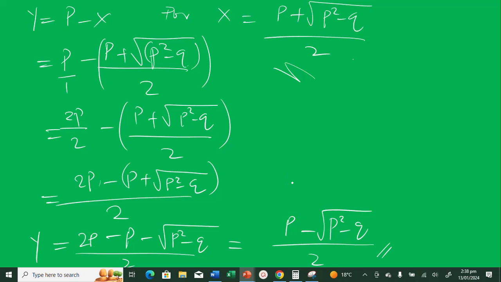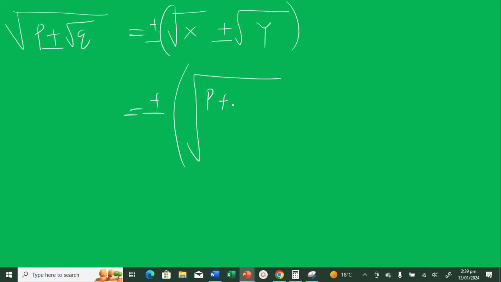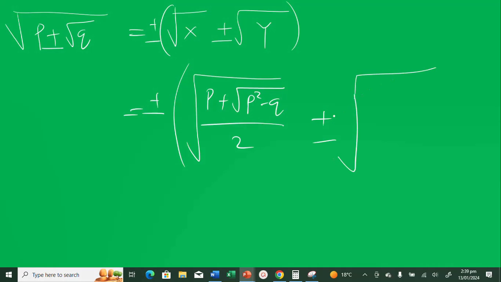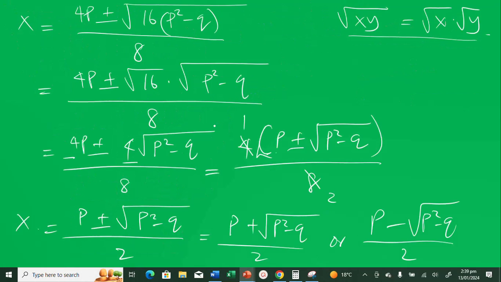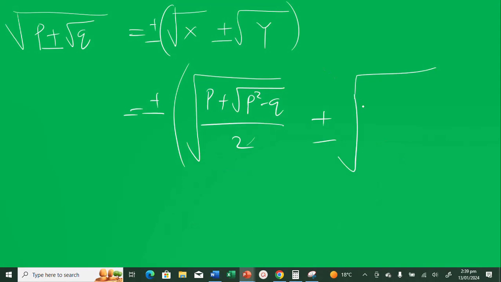So the x we are using is p plus the square root of p square minus q all over 2, plus or minus the square root of, sorry, you have x as this, your y is this. So we have p minus the square root of p square minus q all over 2. So this is the final answer.